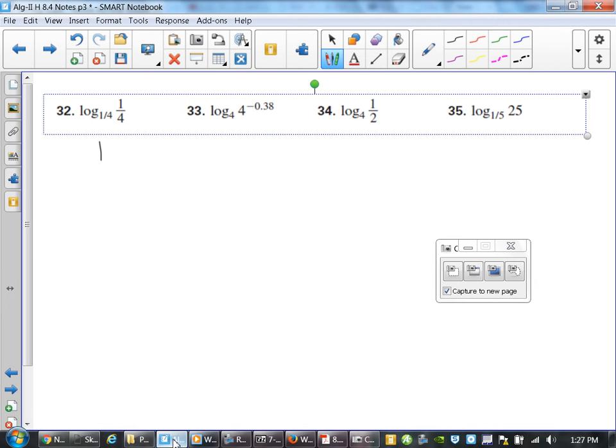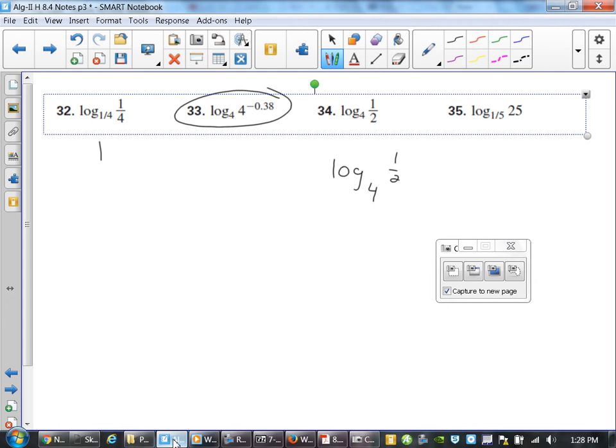As you get into the next one, we didn't do this one yet. I'm going to come back to that in a second. But log base 4 of a half. So 4 to what power is a half? 4 to the negative 0.5?